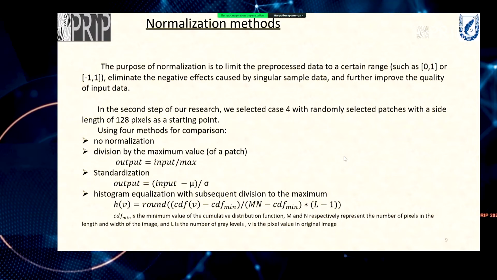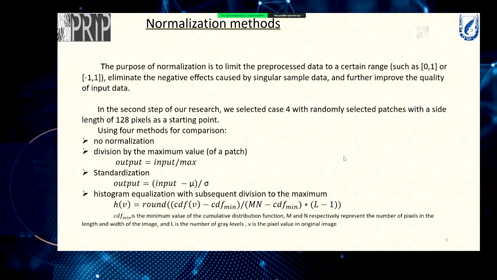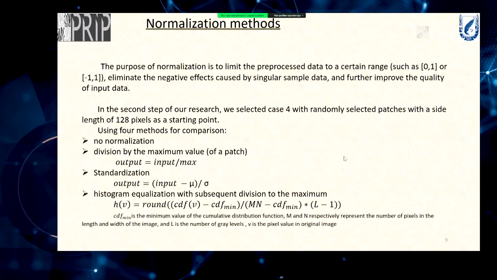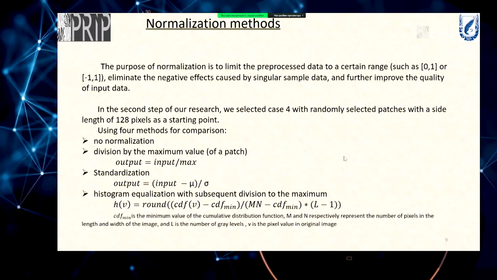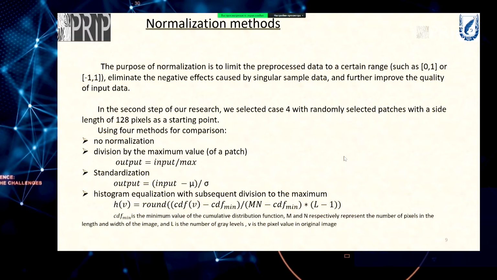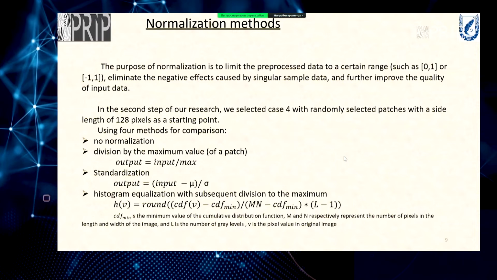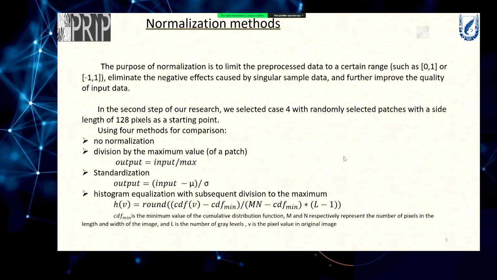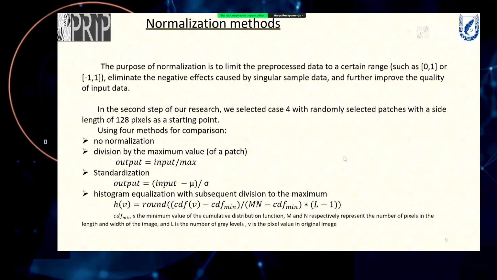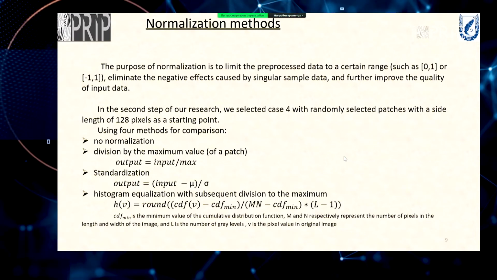We have tried 4 methods in our research. Without normalization, deviation by maximum value, standardization, and the last one, which is the most useful one, histogram equalization with subsequent deviation to the maximum.